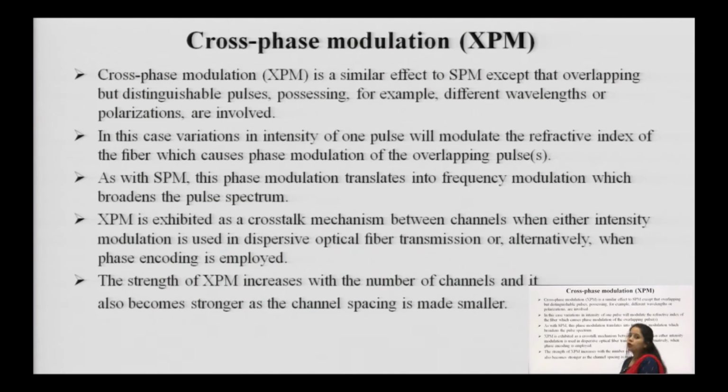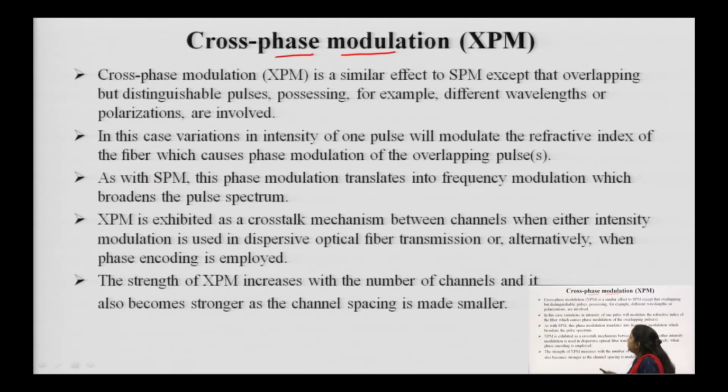Now comes cross phase modulation. The basic things which are applicable with the modulation are applicable here also for XPM. First of all, we have to understand the difference between self phase modulation and cross phase modulation, because in both cases modulation is occurring in terms of phase only.